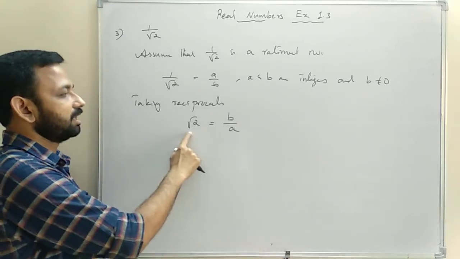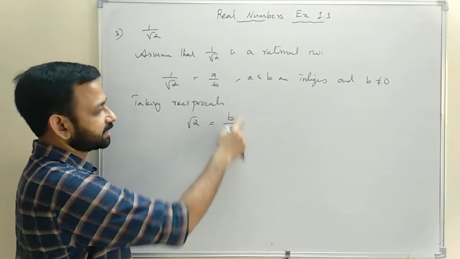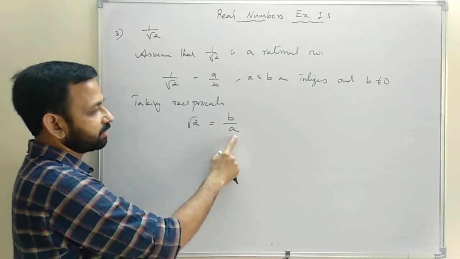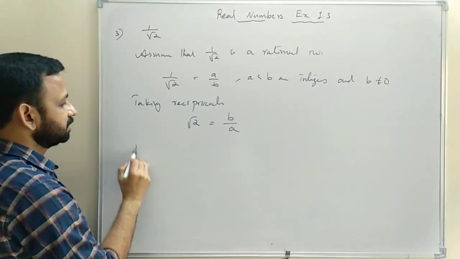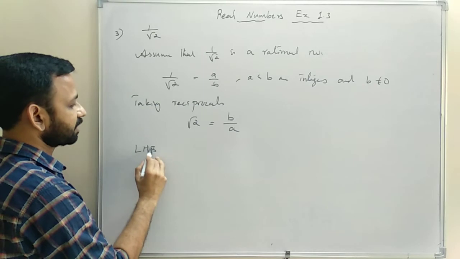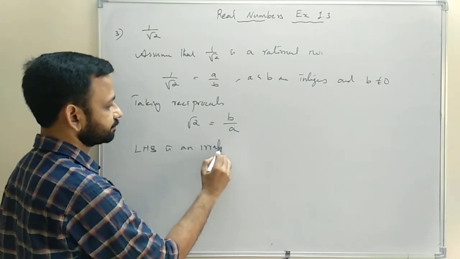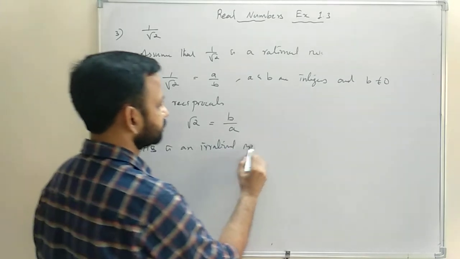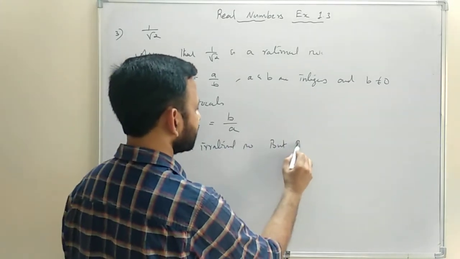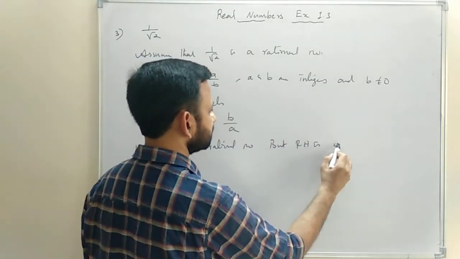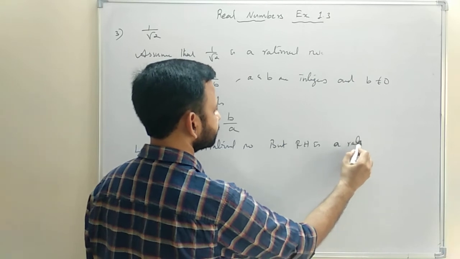So here, irrational number, rational number. An irrational number cannot be equal to a rational number. So LHS is an irrational number, but RHS is a rational number.